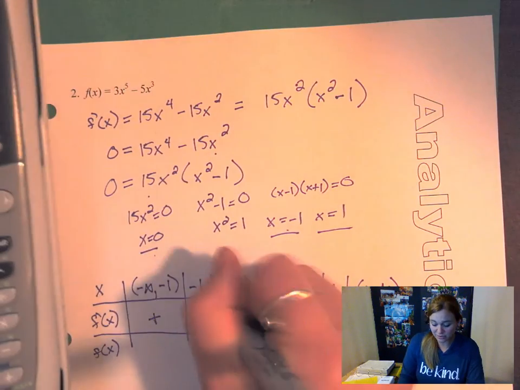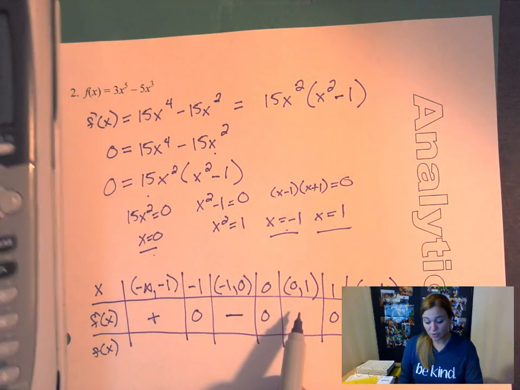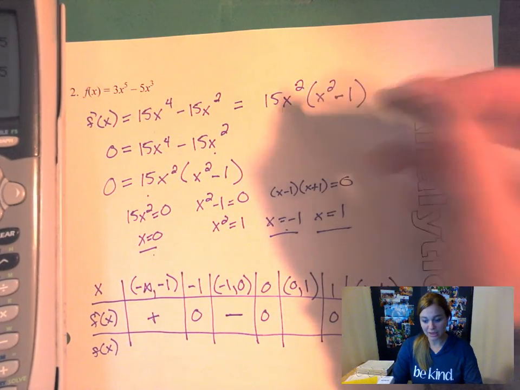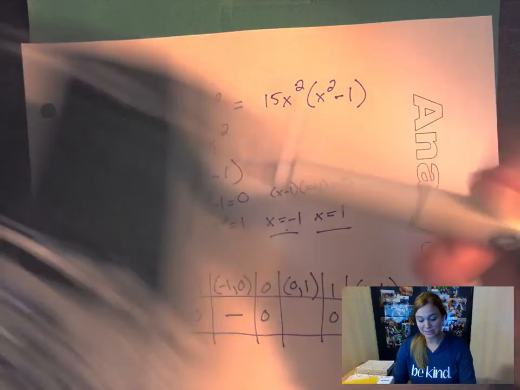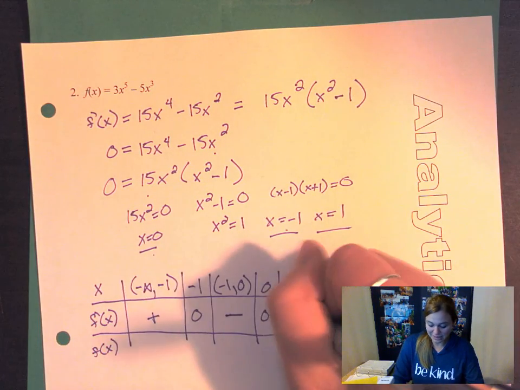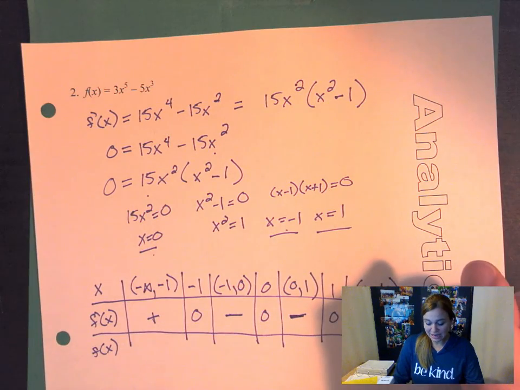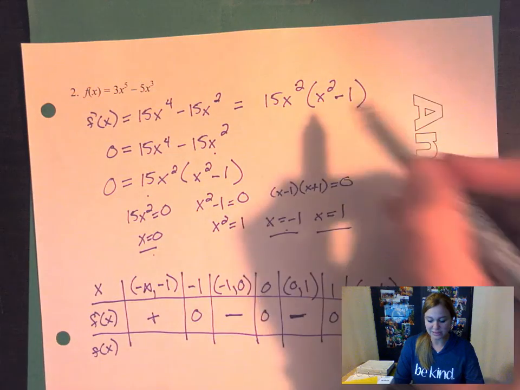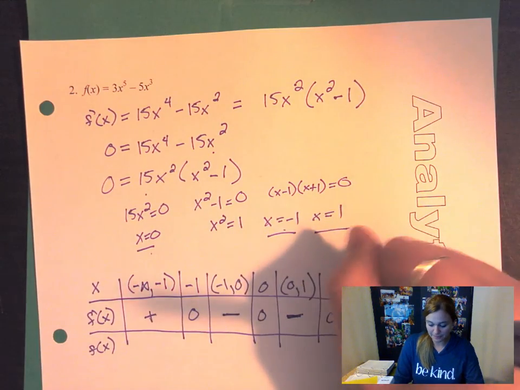Oh no, that's negative. From 0 to 1, if I put in 1/2, same thing's actually going to happen. This one is going to end up being positive. This, for the same reason, because negative 1/2 squared and positive 1/2 squared are the same thing, minus 1 will be negative. 1 to infinity, let's say I put in 5,000. 5,000 squared is still positive, times 15, still positive over here.